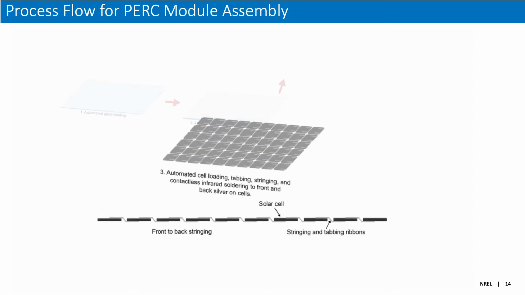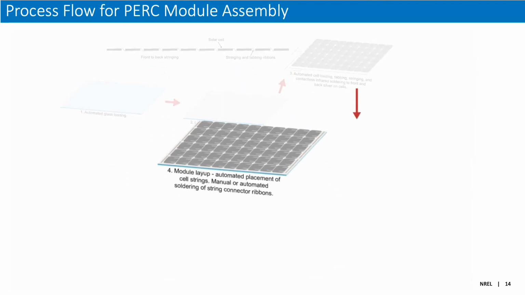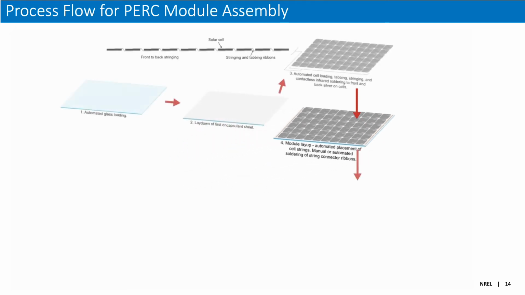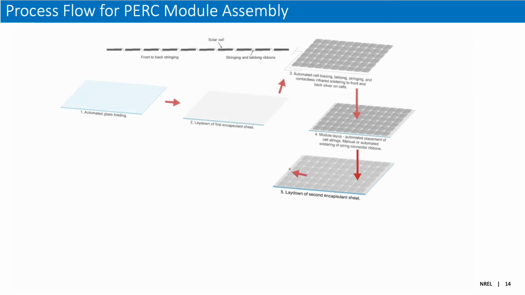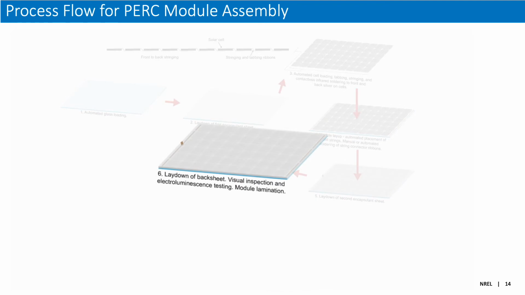Strings of cells are created by automated tabbing, stringing, and contactless infrared soldering, where the silver on the front side of a cell is connected to the silver on the back side of the adjacent cell. Robotics then place these strings onto the encapsulant sheet, and string connector ribbons are soldered. After this, a second encapsulant sheet is laid down on top of the strings, and a back sheet is then laid on top of the second encapsulant sheet.